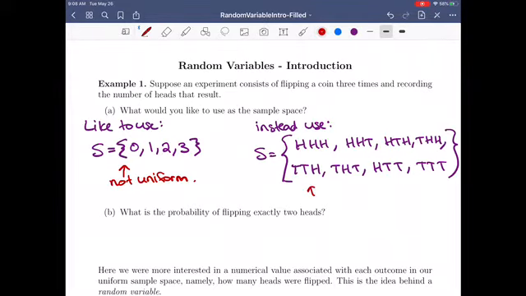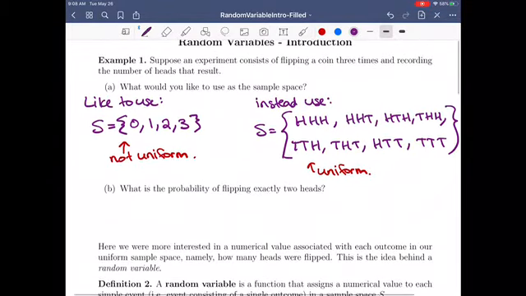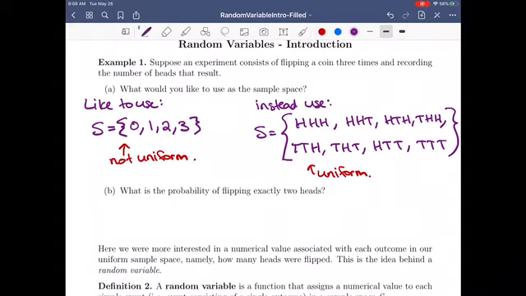Each of these outcomes has the same probability of occurring. So if we wanted to compute the probability of flipping exactly 2 heads, this is what we did before.